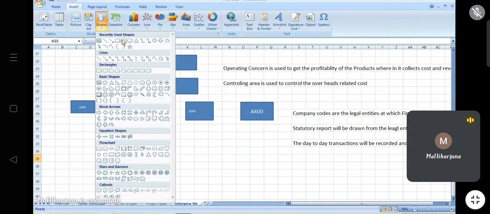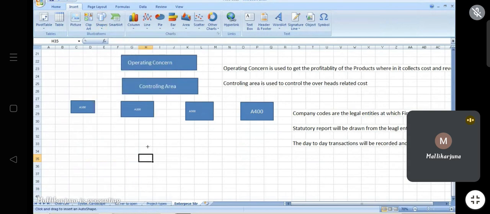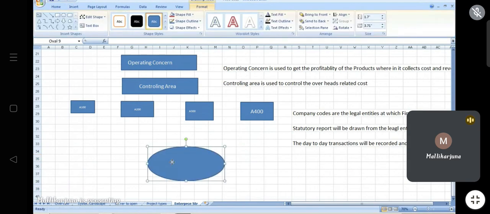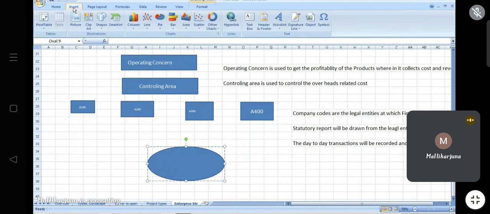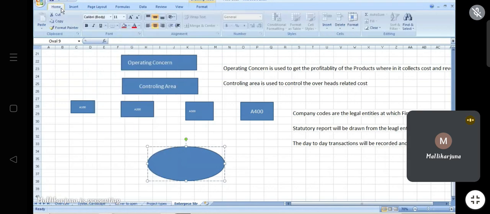The company is optional. Why have I not included the company here? Only where the business needs to prepare consolidated statements would we need a company.